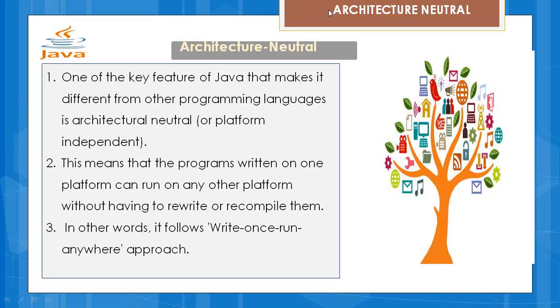It's a key feature of Java that makes it different from other languages, and that is the reason Java is the best suitable language for the internet, because on the internet you don't know where your program is going to execute, on what kind of platform, so you should not have any compatibility issue. That is what Java provides us with. It's a platform independent language.